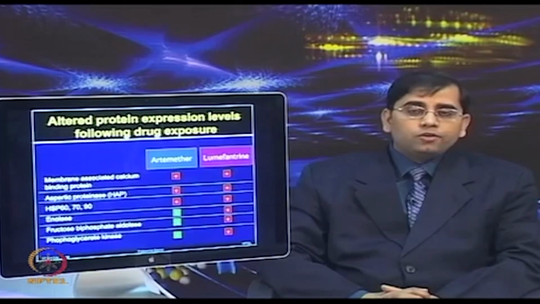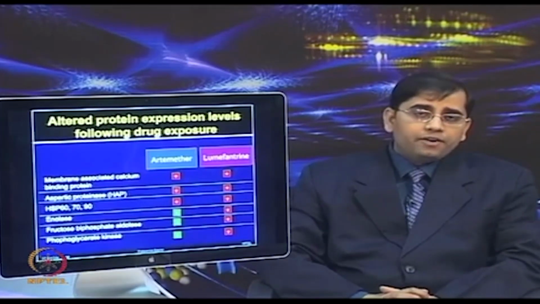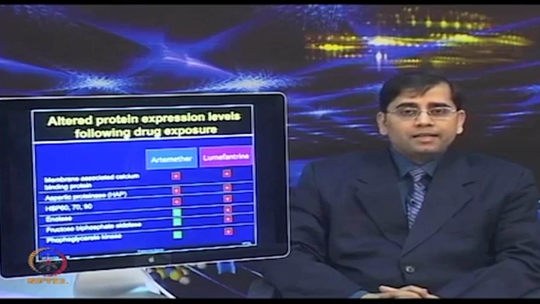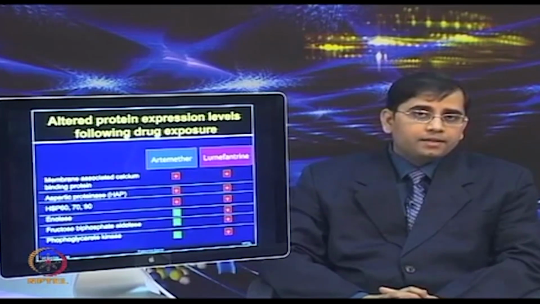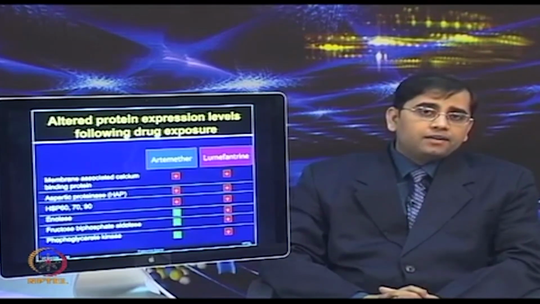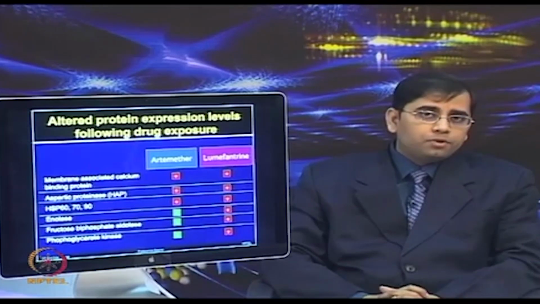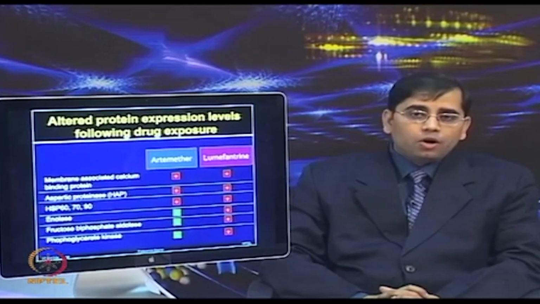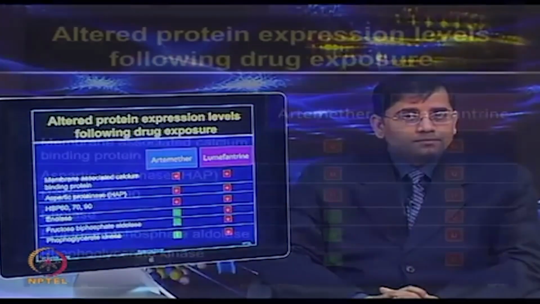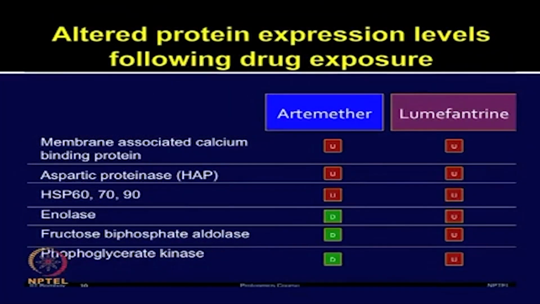The comparative analysis of 2D gels from untreated and drug treated parasite protein fractions provided direct and distinct alterations in the parasite proteome following artemether or lumefantrine. Certain proteins were identified, few of those showed a common response due to both drugs. However, there are certain proteins which showed opposite trends due to each of these drugs.